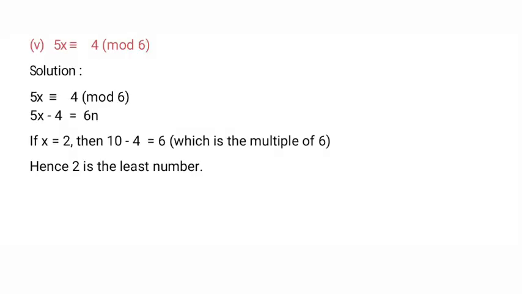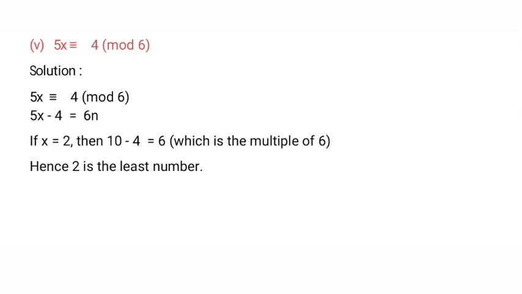Fifth subdivision, 5x is congruent to 4 mod 6. Solution: here a equals 5x, b equals 4, mod 6. In the form a minus b equals 6n, 5x minus 4 equals 6n. Therefore we substitute the value of x equal to 1, 2, 3.